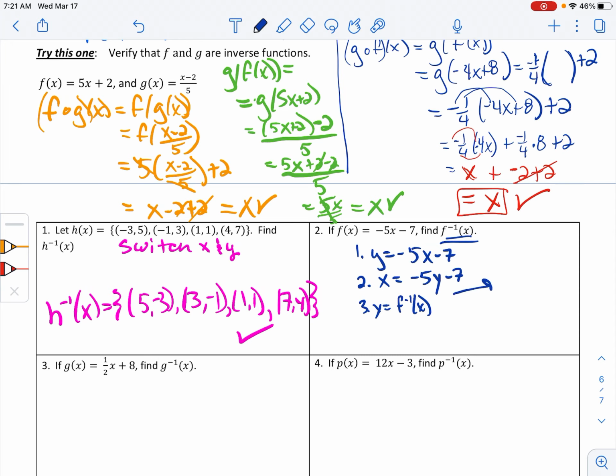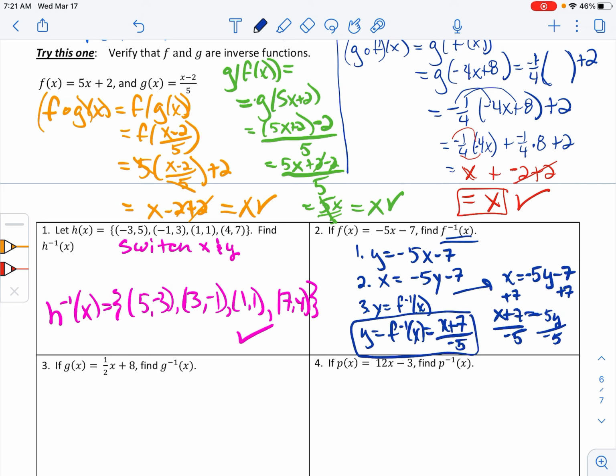So over here, I'm going to take x equals negative 5y minus 7. I'm going to add 7 to both sides. x plus 7 equals negative 5y. I'm going to divide by negative 5. So y equals, or the inverse of f equals, x plus 7 over negative 5. And you can leave the negative 5 on bottom for these. That's okay.